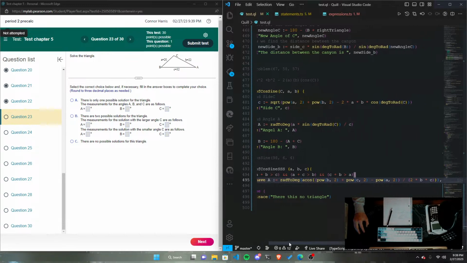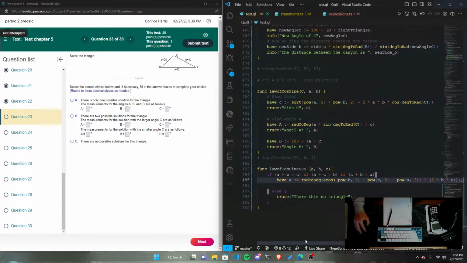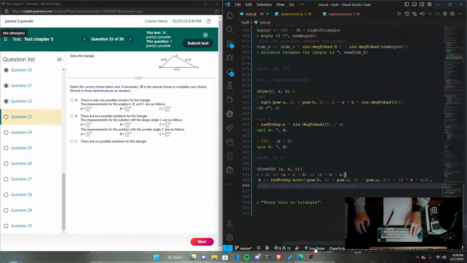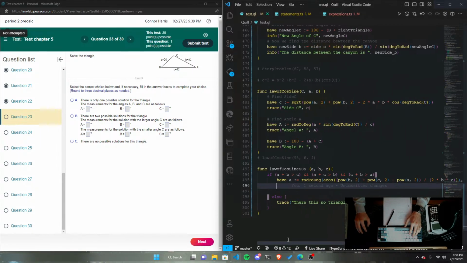But since we're trying to find the inverse cosine of A, we would do the same logic, but it would be B squared plus C squared minus A squared, divided by 2 times B times C, and that would give us our A. And then I'm pretty sure for the B, it would be pretty much the same logic, just A, C, and minus the B squared, I believe. Yeah, I think so. That's to find angle B.